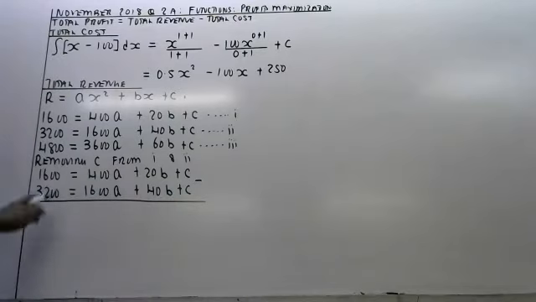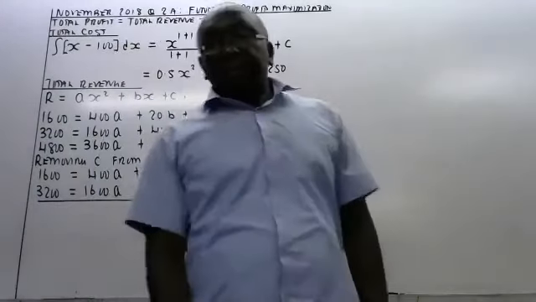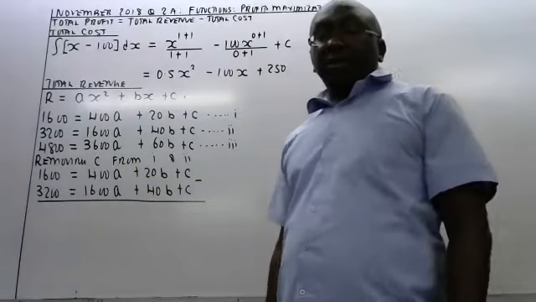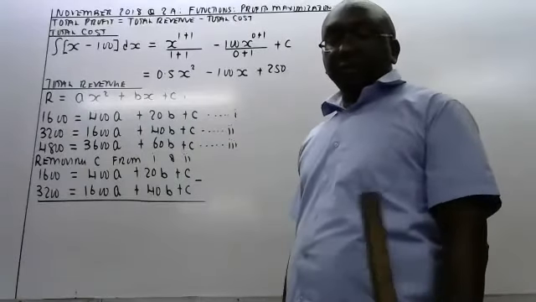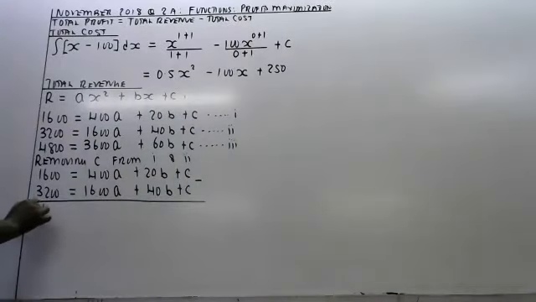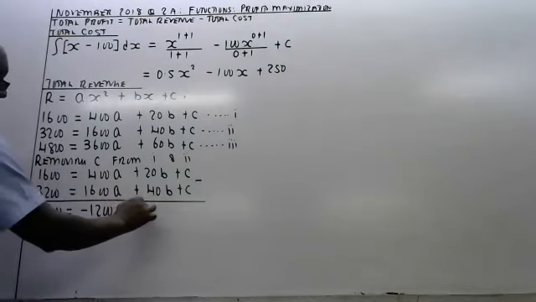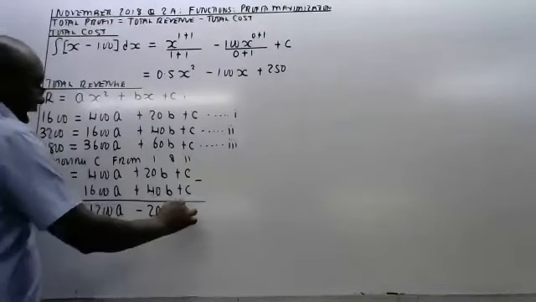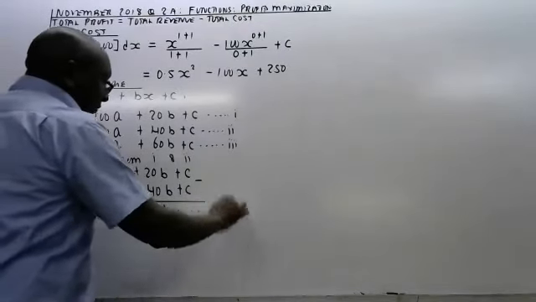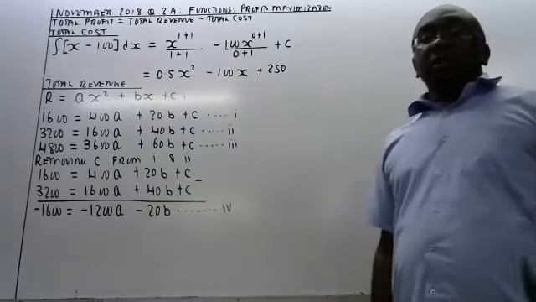So tell me, 1600 minus that 3200 is equal to what? Minus 1600, good. 400 minus 1600, that must be minus 1200A minus 20B, and this one you call equation number 4.